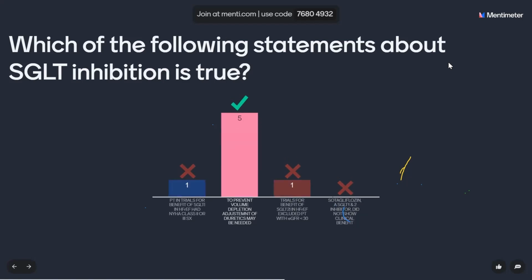Perfect. So, patients do run the risk of possibly getting dehydrated. Therefore, you might need to redose your loop diuretic if they're on a loop diuretic when you start an SGLT inhibitor. Patients in these trials had New York Heart Association class 2 to 4 symptoms. And in the trials where empagliflozin was studied, they included patients with a GFR down to as low as 20.